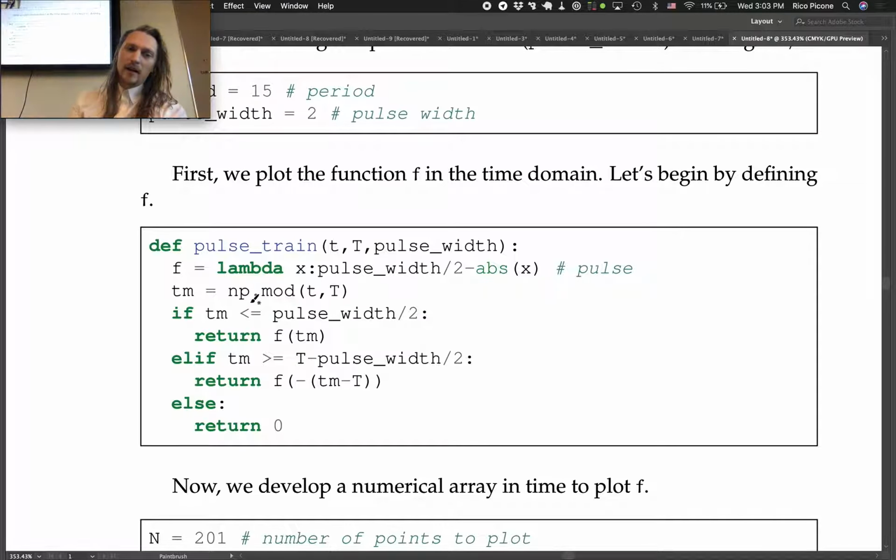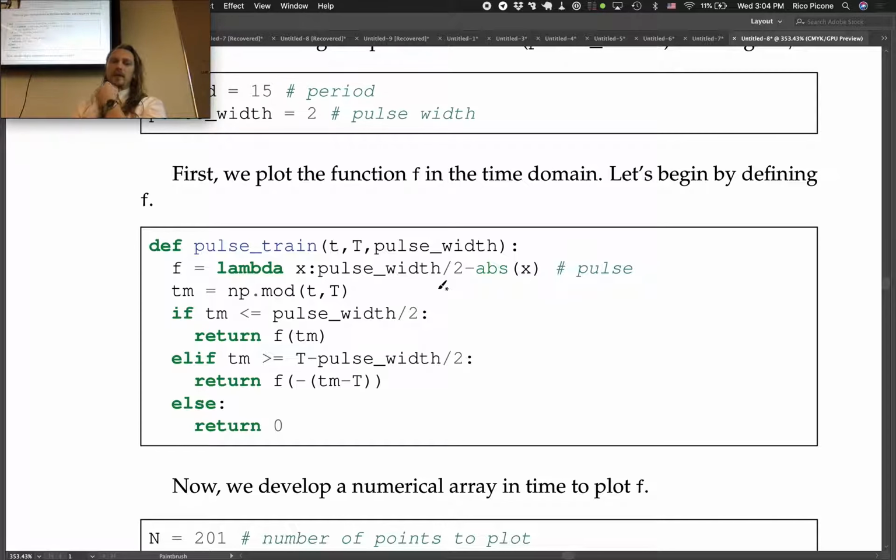And then I use mod to decide in which part of the period we are. And then I say, okay, if you're less than pulse width over 2, you're going to be on this pulse width over 2, height minus the absolute value. That gives us that triangle. So negative absolute value is a sort of downward V shape.